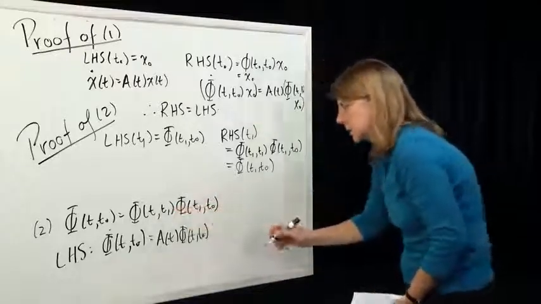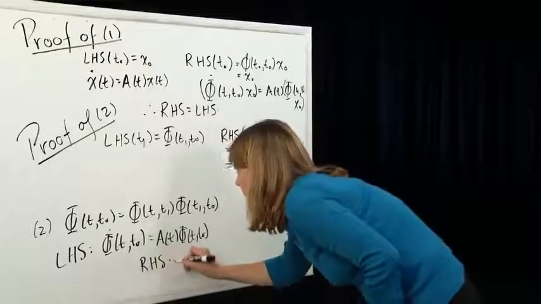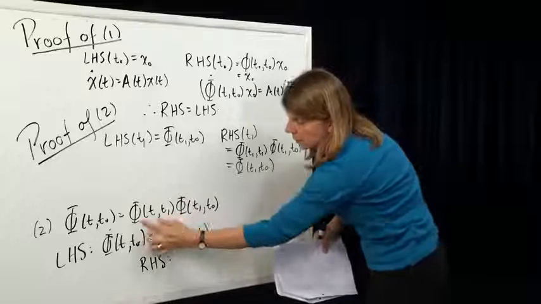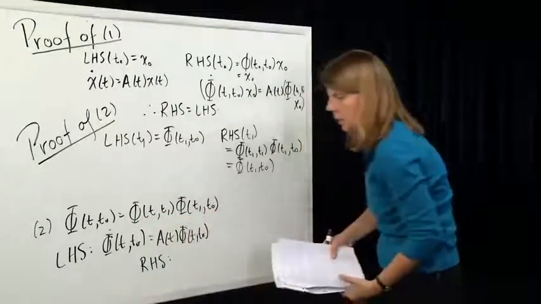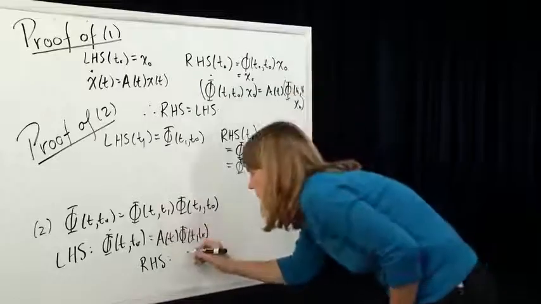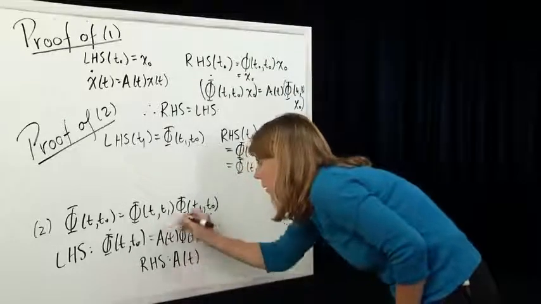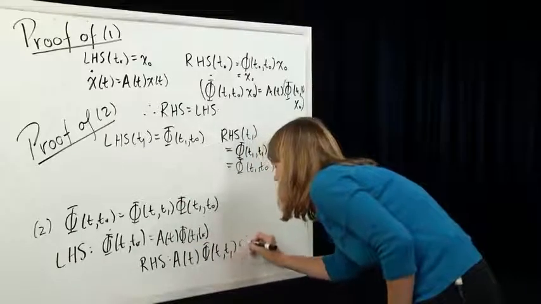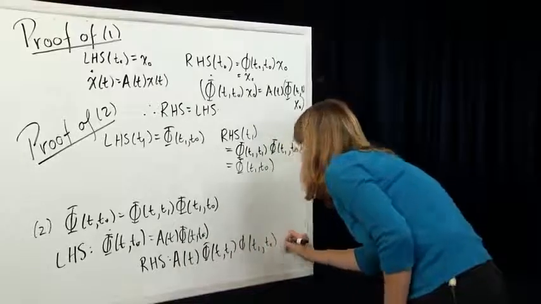Let's look at the right-hand side here. So in terms of the right-hand side, the only term that depends on time in this product is the first one. The rest depend on t1, t0, which are fixed. So again, the derivative of that is just going to be a of t phi of t comma t1 times phi of t1 comma t0.